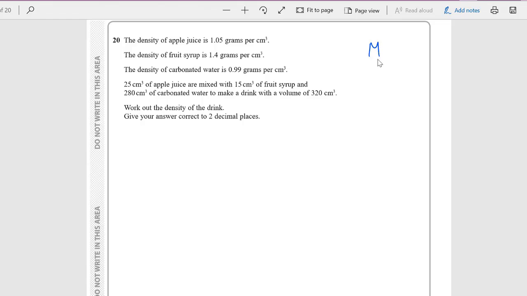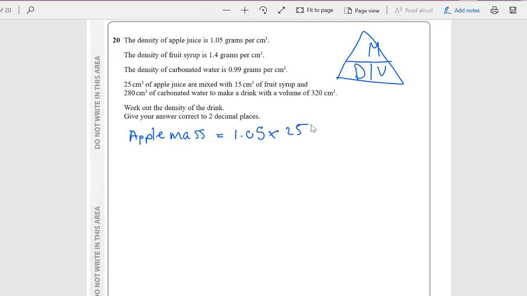So we've got, remember, the triangle: mass, density, and volume. So I have that triangle there. So apple mass is going to be 1.05 times 25, which gives us 26.25.